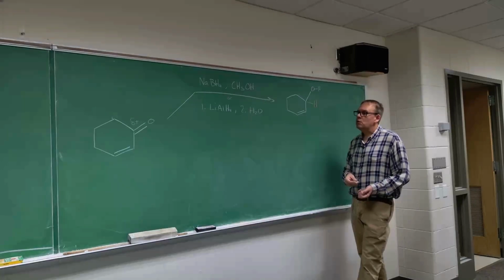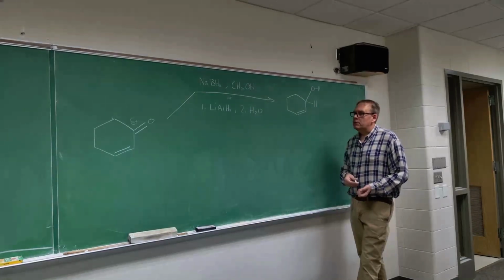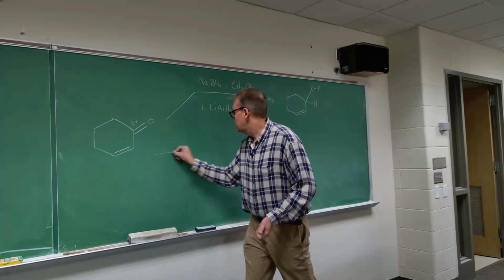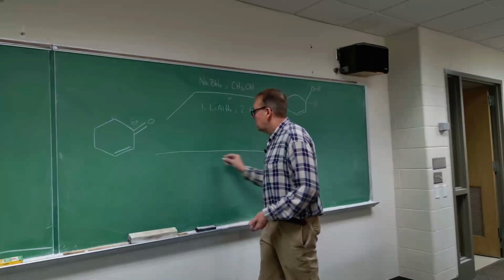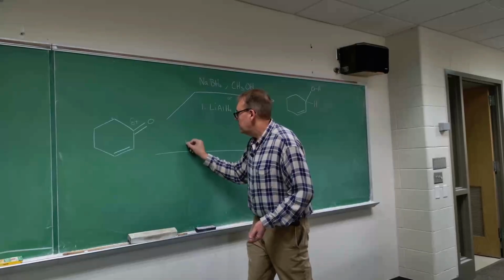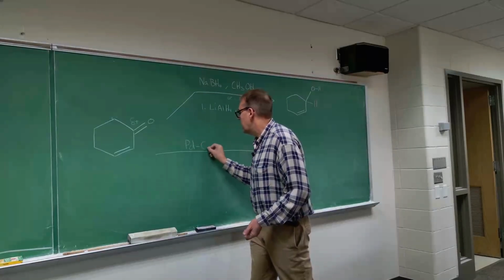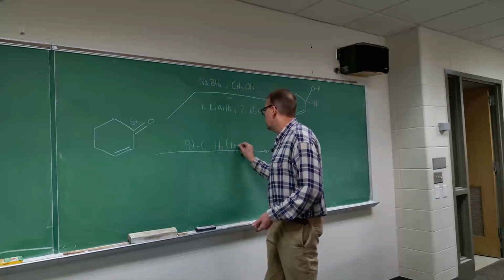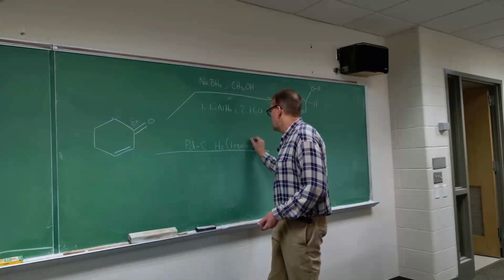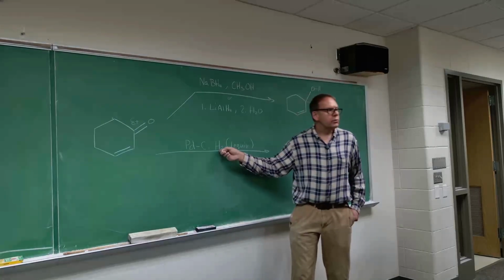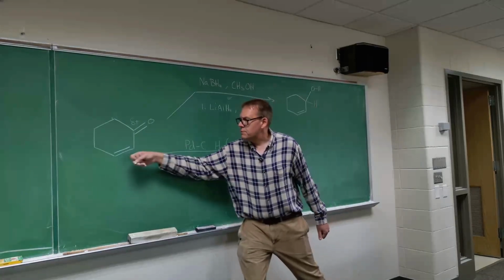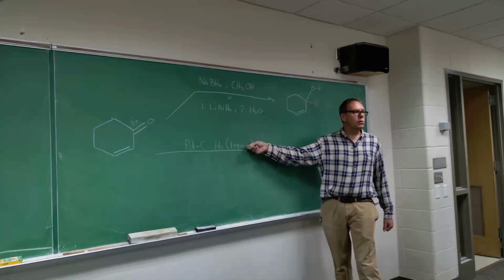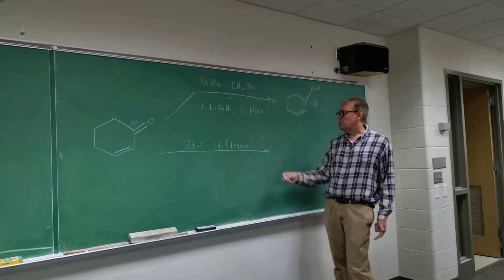All right, what if you want to reduce just the C double bond C? If you use palladium on carbon, metal catalyst, and then hydrogen, 1 equivalent, hydrogen has the ability to add across both bonds, but it's much faster with CC double bonds. So that's the reaction that's going to happen first. And if we limit it to 1 equivalent, just the carbon-carbon double bond will get reduced.